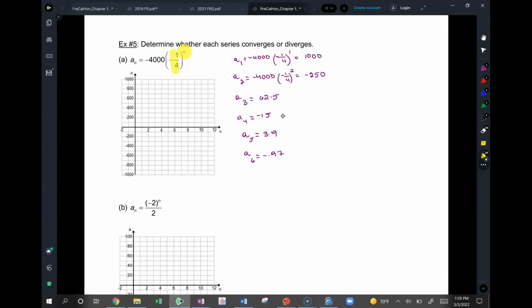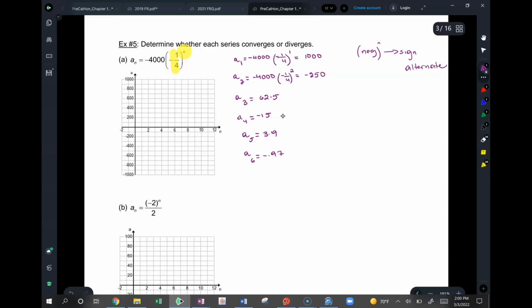Because if you have a negative term to the power of an exponent, if n is odd, 1, 3, 5, that's going to be negative, right? But if n is even, 2, 4, 6, that's going to be positive. So if you have a negative to the power of n, the sign will alternate.